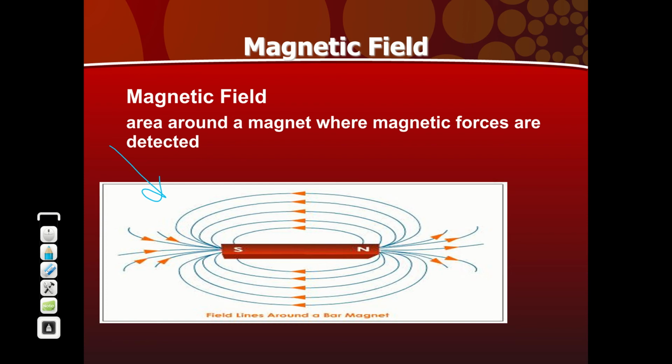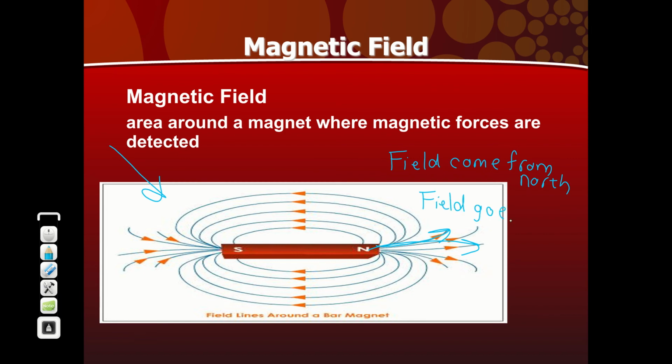Now, one major point to notice on the drawing here is that the magnetic field lines come out from the north. Field lines come from the north, and the field lines go to the south.